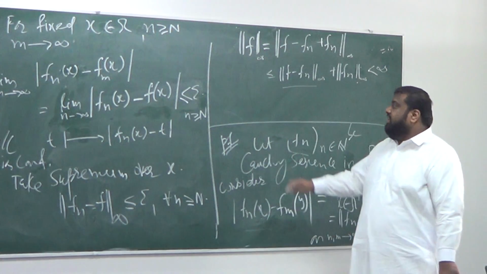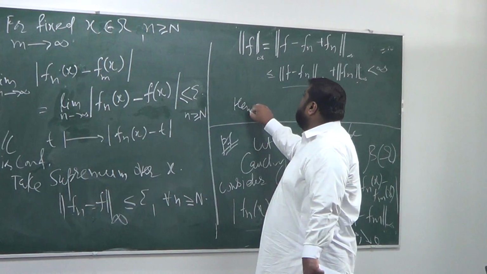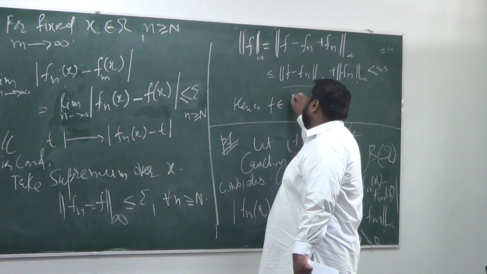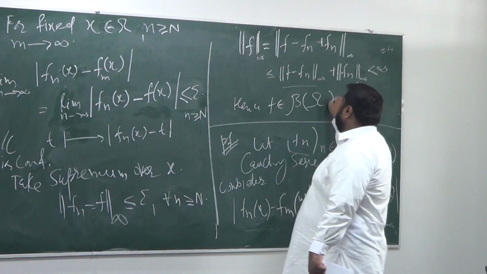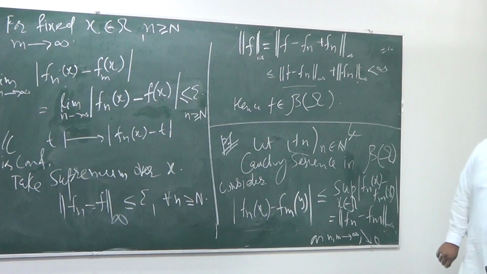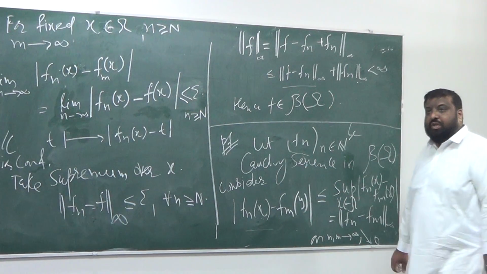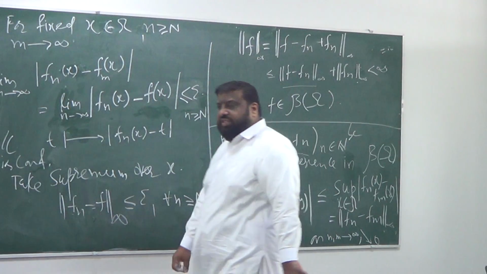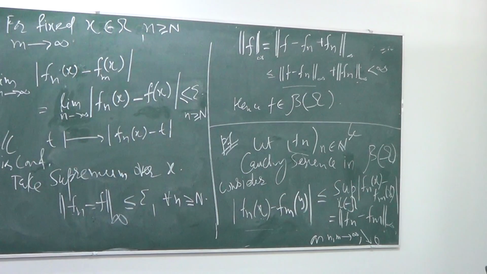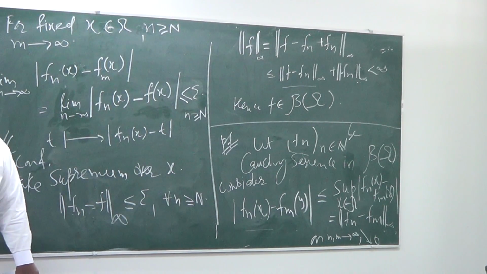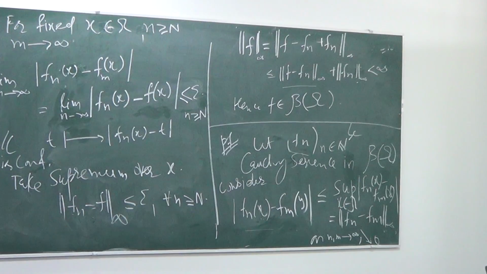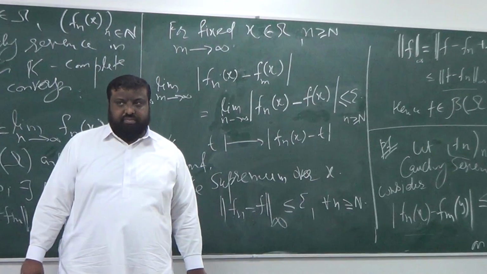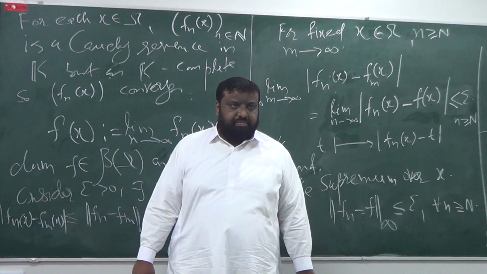So if it is finite, f belongs to capital B of omega. And this shows that B of omega with the infinity norm is complete. The space of all bounded functions over a non-empty set is a Banach space.